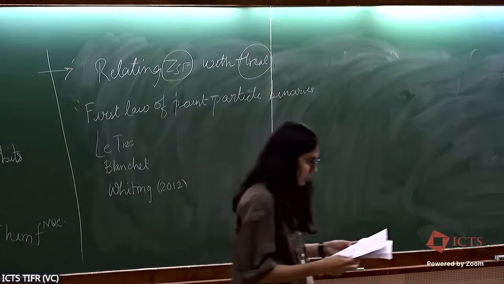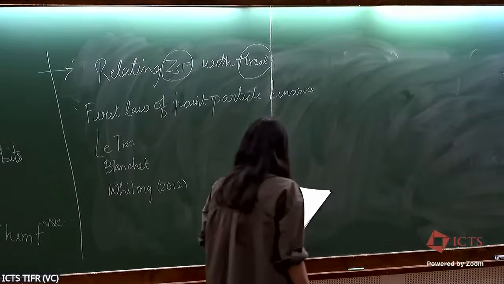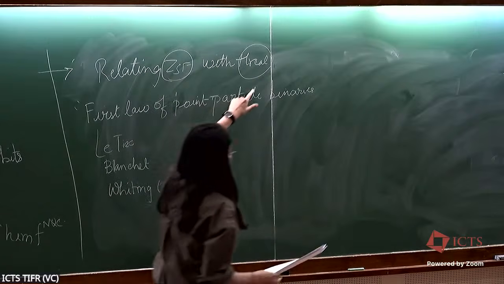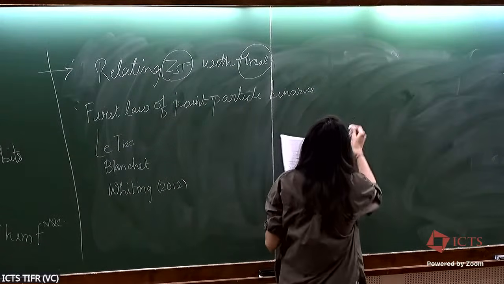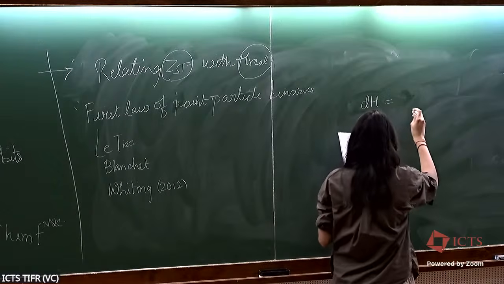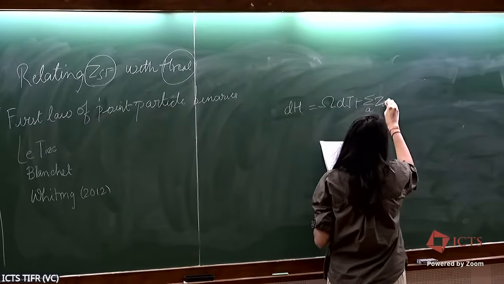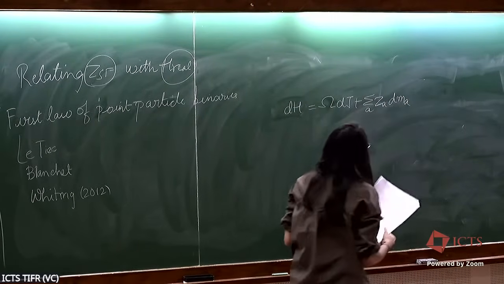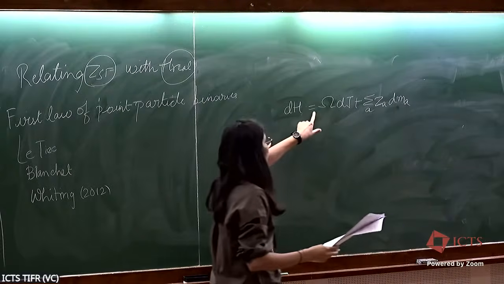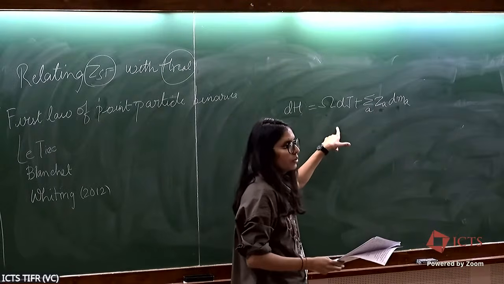And the statement of this first law of point particle binaries is, if we change the mass of the binary while keeping the frequency constant, we should be able to relate the self-force with the H real. So the statement says that if we vary the mass, keeping the frequency constant, the redshift is related to the energy and angular momentum using this formula.